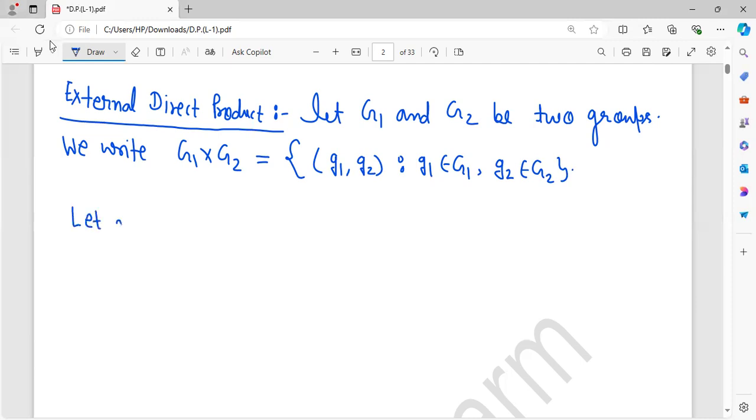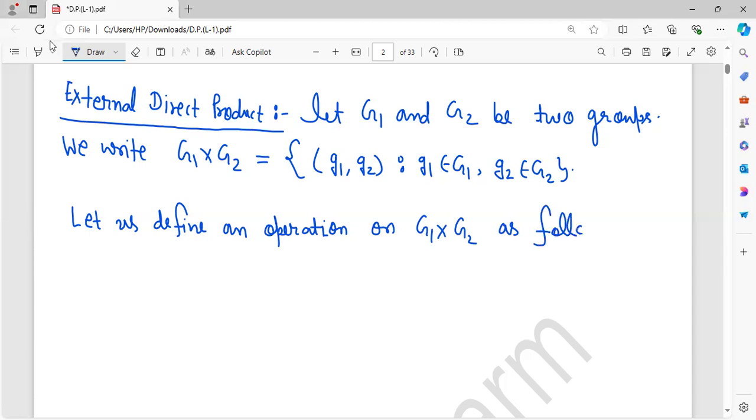Let us define an operation on G1 cross product G2 as follows. (g1, g2) operation (h1, h2) is equal to (g1 h1, g2 h2).